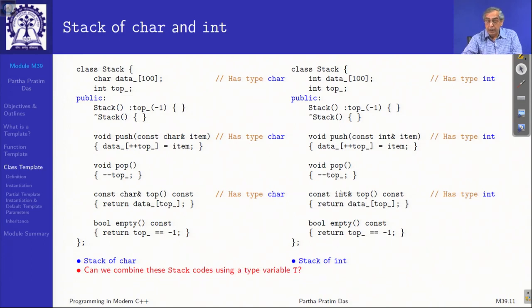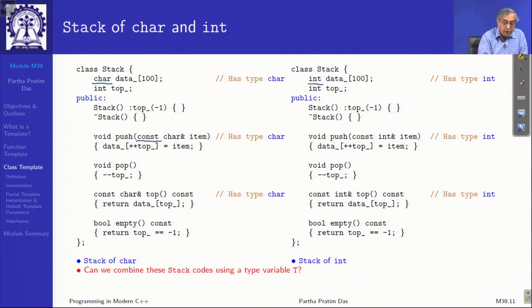To give you a more concrete example, here we have side by side the stack implementation. On the left you have a stack of character and on the right a stack of integer. You can see these are the points where the code differs.